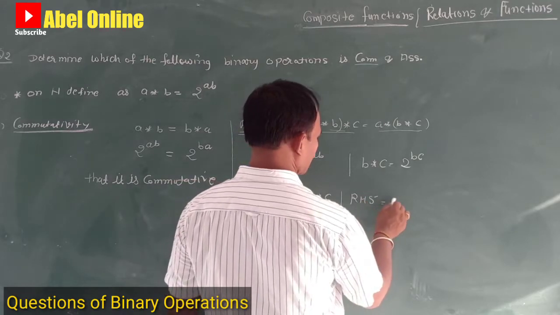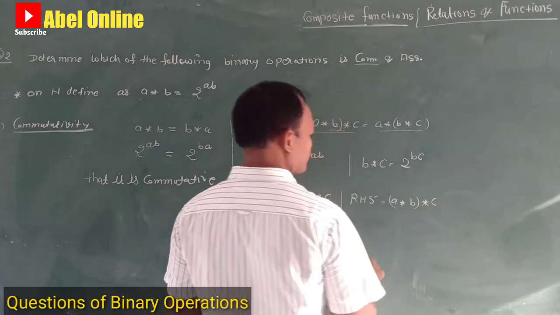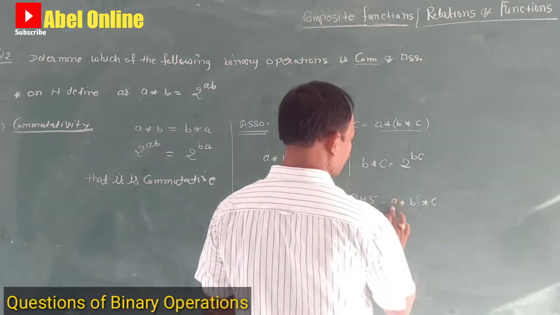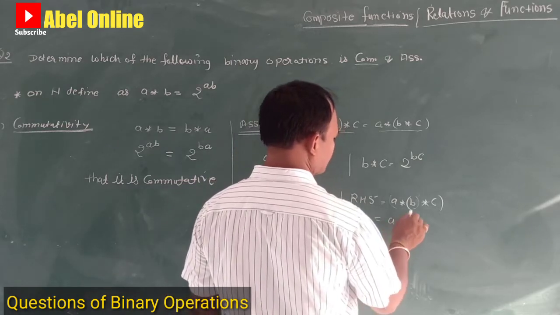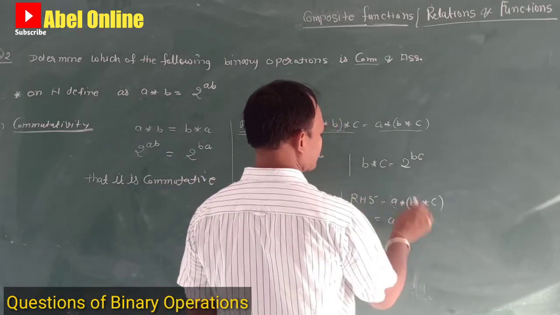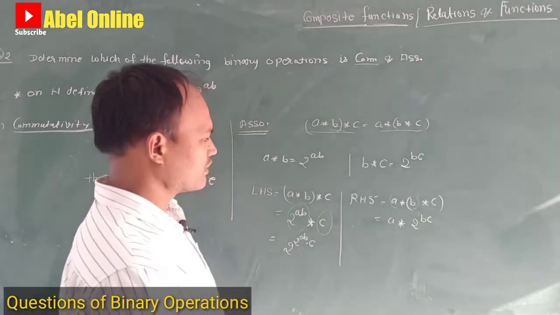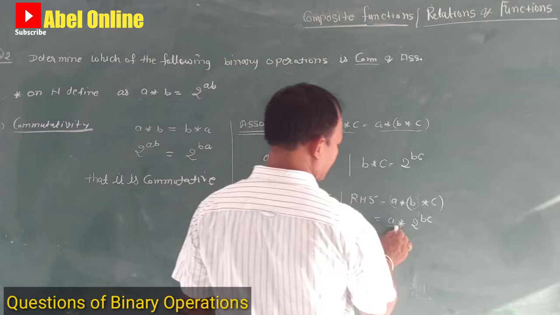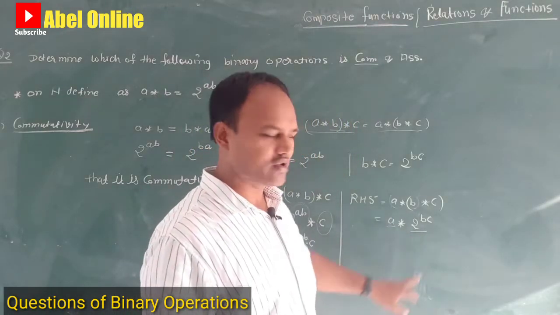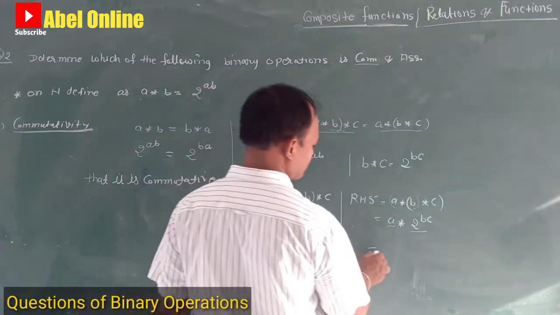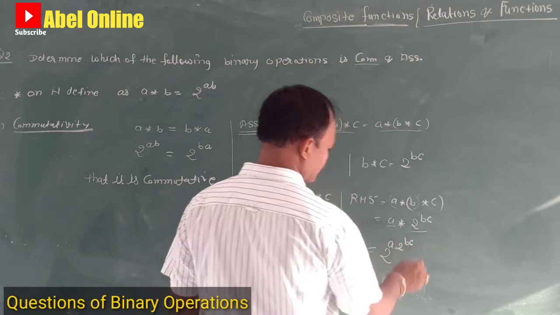Okay, now RHS. RHS is a star (b star c). The value of b star c we know: b star c equals e to the power bc. Now this is the value of A and this is the value of B, so we can say there is e to the power a times e^(bc).